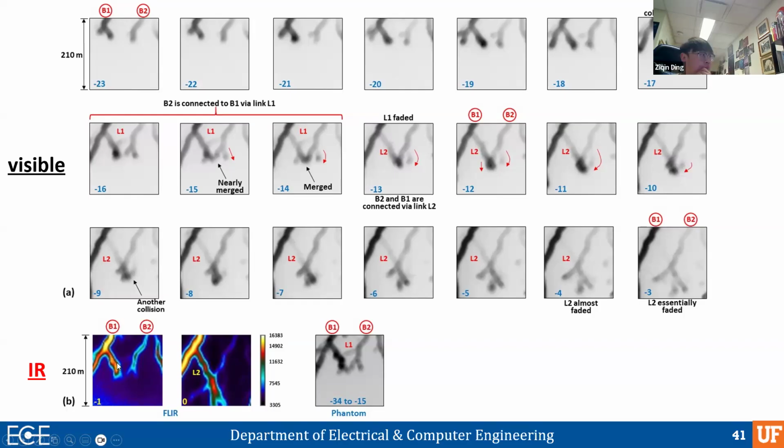In the infrared, again, we see these 2 branches active in this frame, and in the next frame, this entire branch is absorbed by L2.